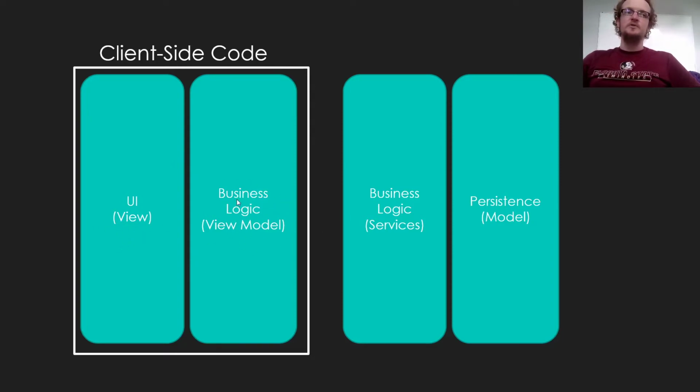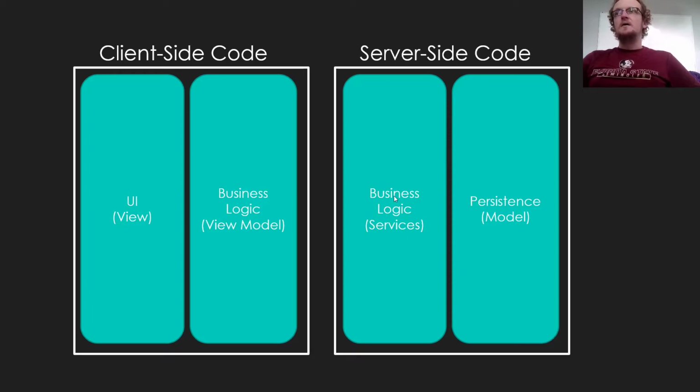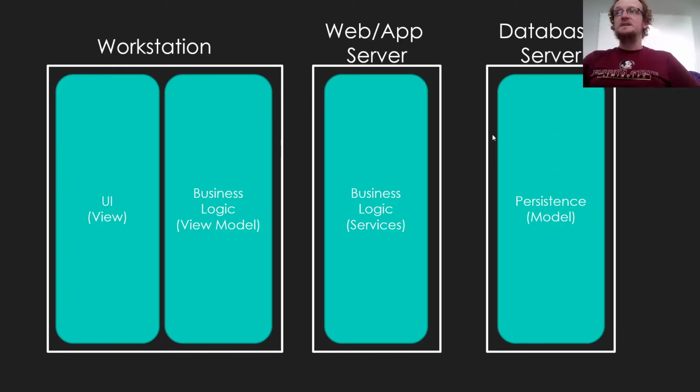It's on your laptop or your phone or your desktop. I also have server-side code that is hosted on Azure or AWS or some sort of local server that you have at your house potentially, and I have a persistence model that is server-side, but it could be split among different servers.